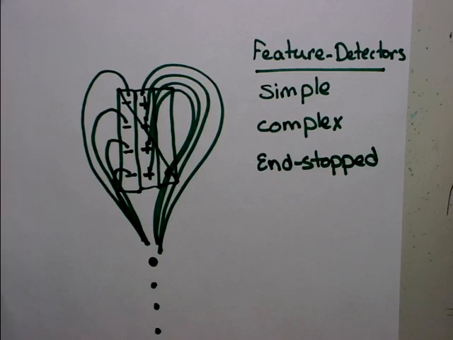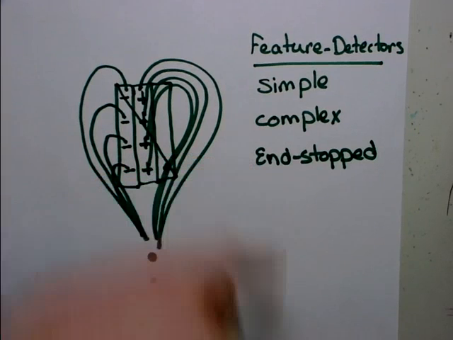Does that make sense? End-stop cells respond to light anywhere in the visual field except past a certain edge.